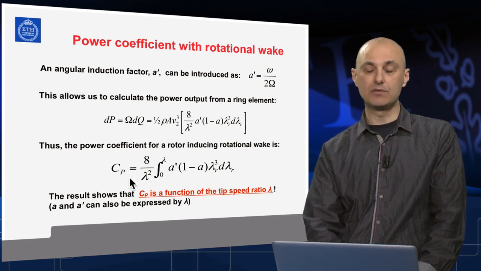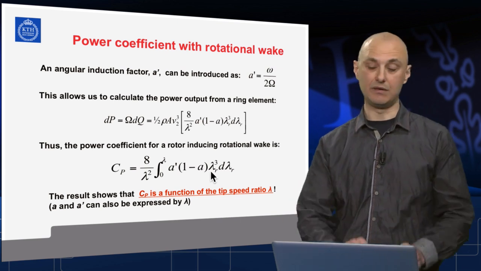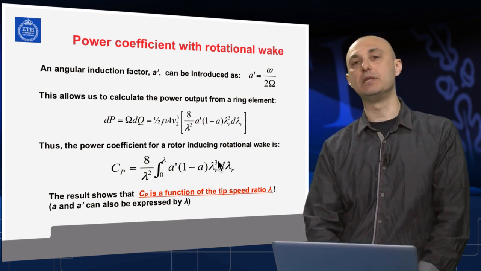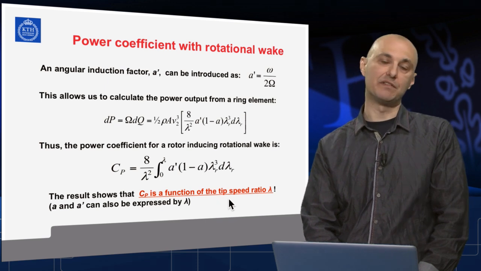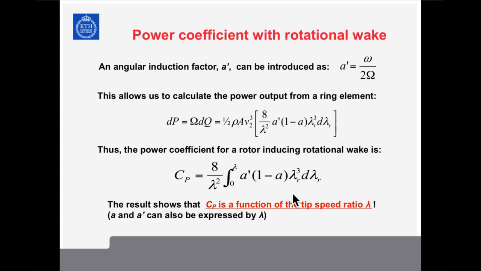This translates into the power coefficient actually being, again, a very complex function of the tip speed ratio, also for the advanced lift force turbines. The actual induction and the angular induction factor can also be expressed as functions of the tip speed ratio.